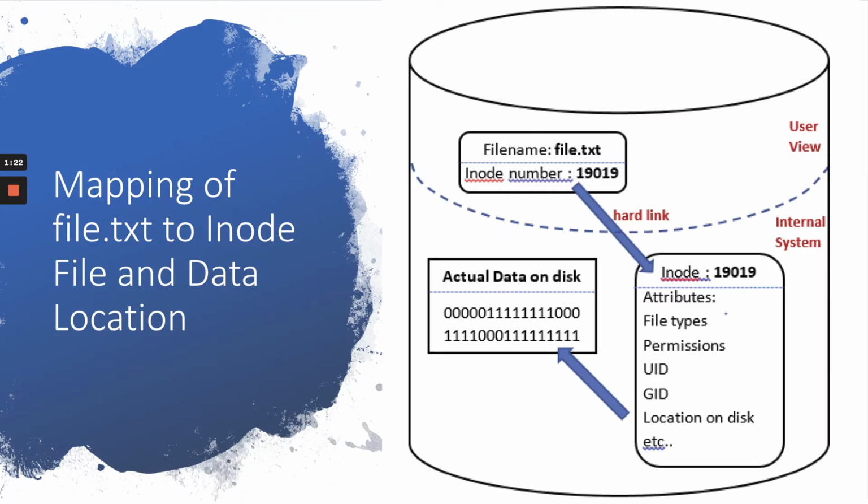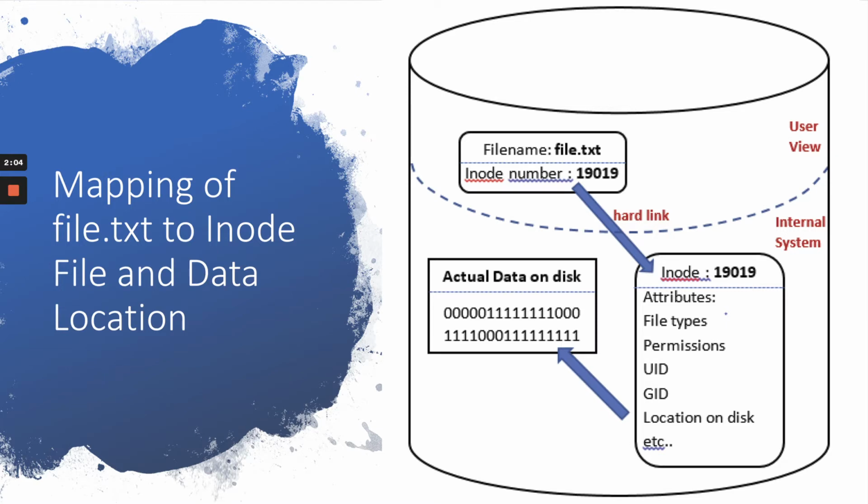So let's look at the mapping of a file, whose name is file.txt, to the inode and data location. Say for example, we have this file named file.txt, and in the user view you can see the inode number for this file, which is 19019. However, from the perspective of the operating system, you need to understand that a Linux file is stored in two different parts of the disk, which are the actual data on the disk, and also the inodes.